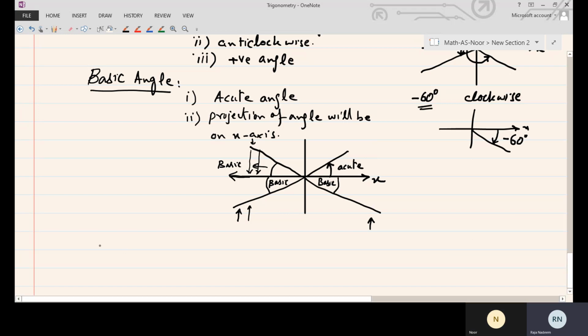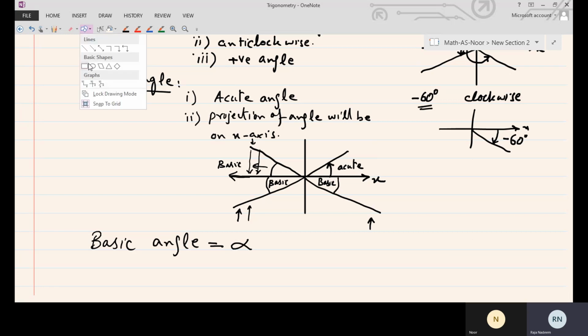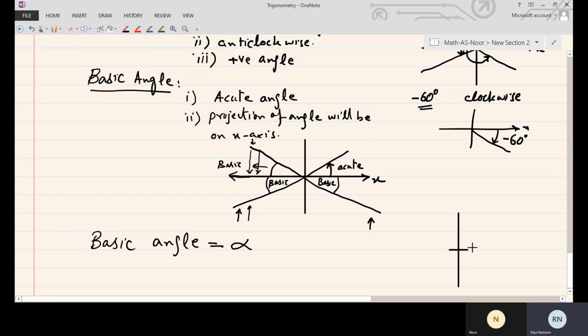Suppose that the basic angle is alpha. If the basic angle is alpha, then in all the quadrants, when I plot the angles, in the first quadrant this is alpha, in the second quadrant this angle will be alpha, in the third quadrant this angle will be alpha, and in the fourth quadrant this angle will be alpha.